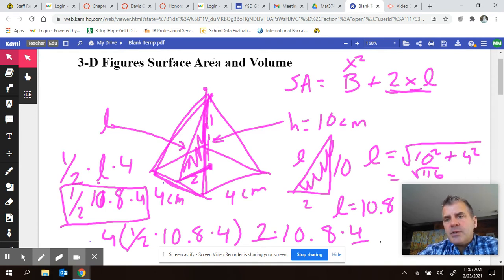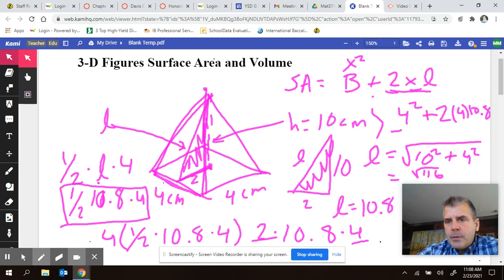All right, so what is the surface area? Let's cut to the chase here now. We're going to go 4 squared because the base lengths are 4. There's the area of that square plus 2 times that 4 times that 10.8 that we found.